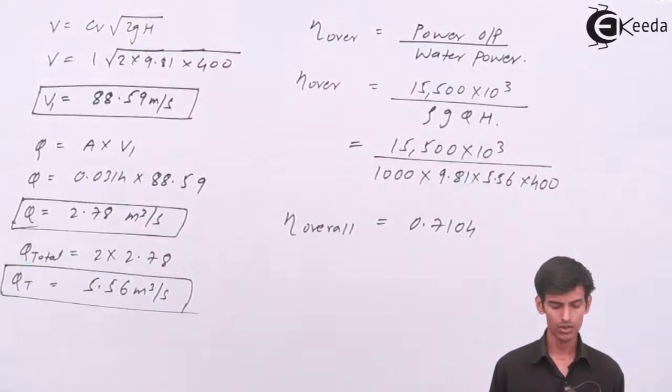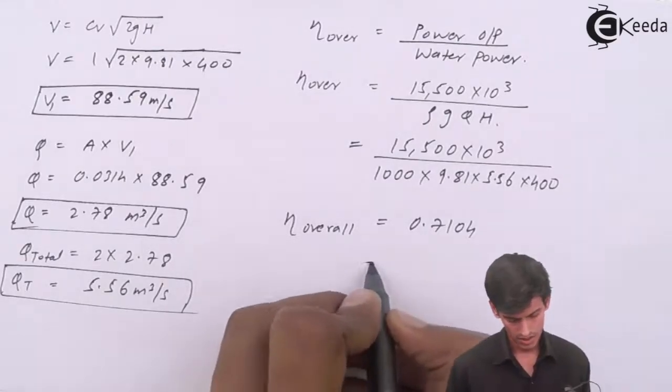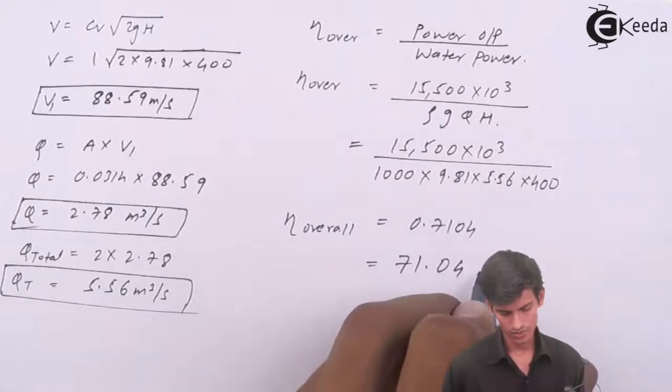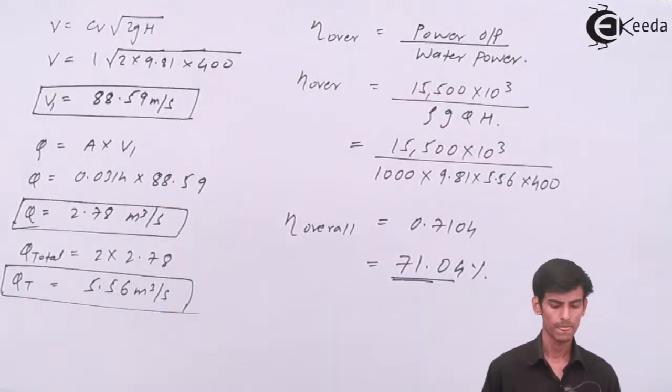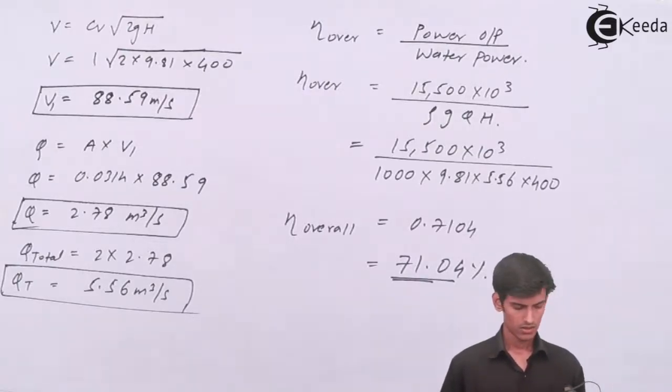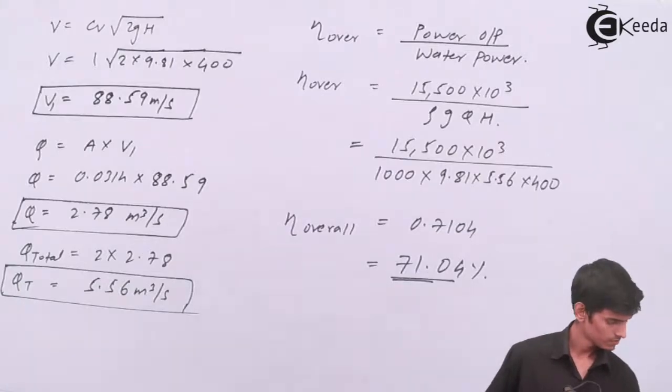The value that you get after you simplify it is 0.7104, which in terms of percentage is 71.04%. So this is the value of overall efficiency that the question was asking about. So that's all about the question. Let's see the next question now.